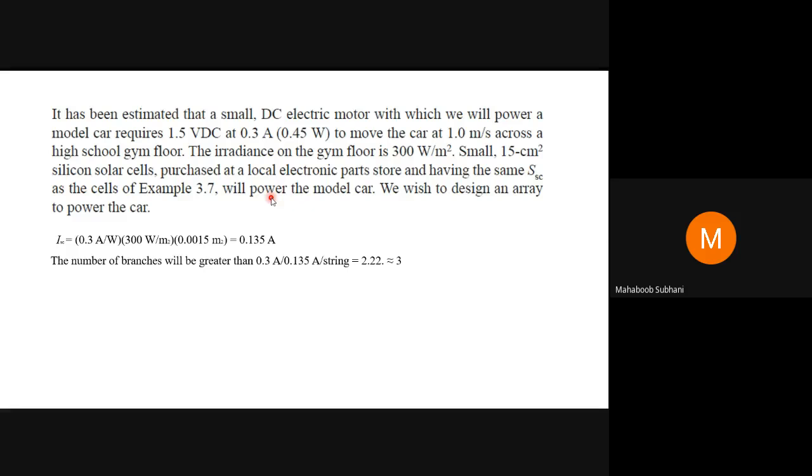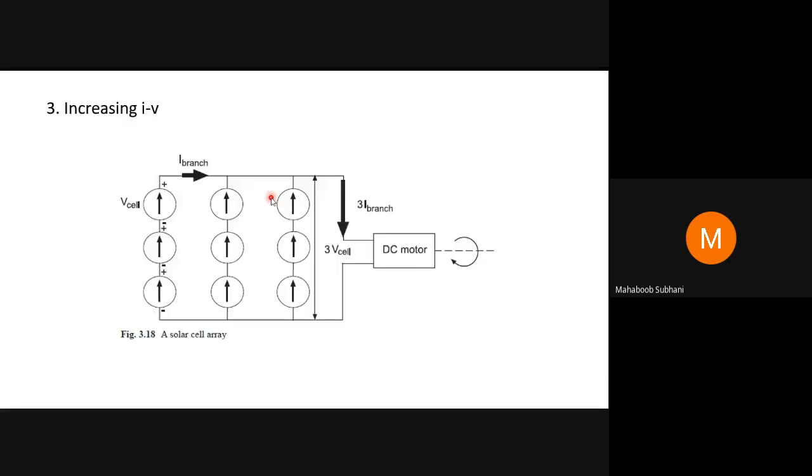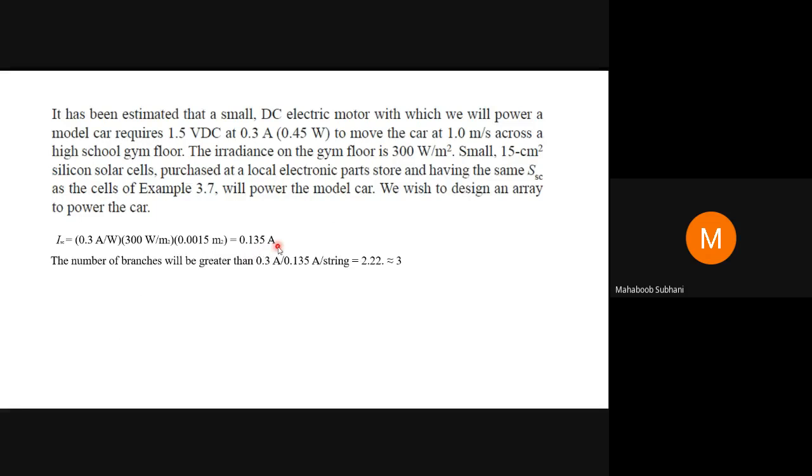Now if we multiply with 3, 0.135 into 3, it will be 0.405, which will be more than 0.3 ampere. So it is okay, as we are crossing the required value.